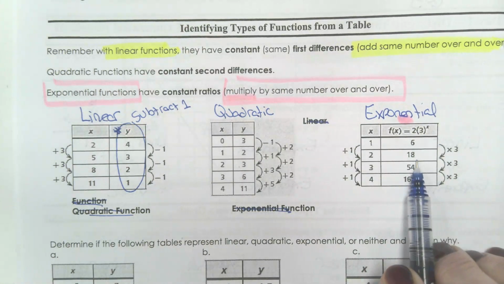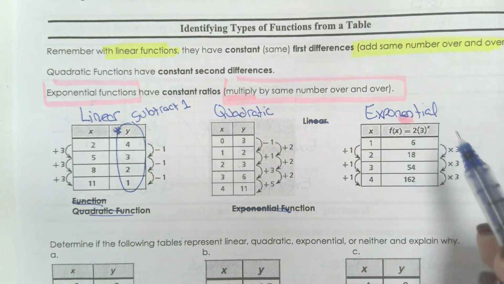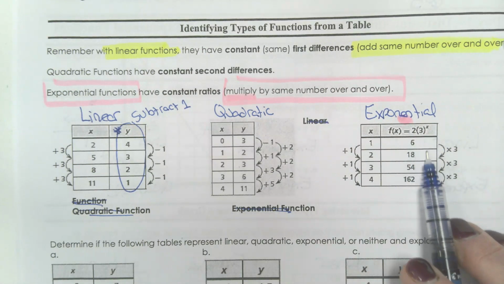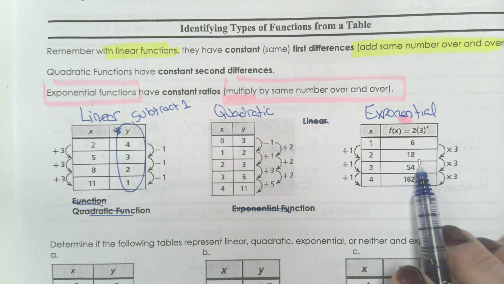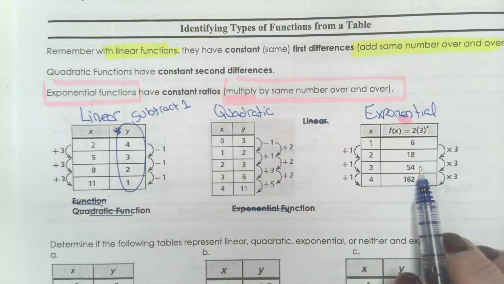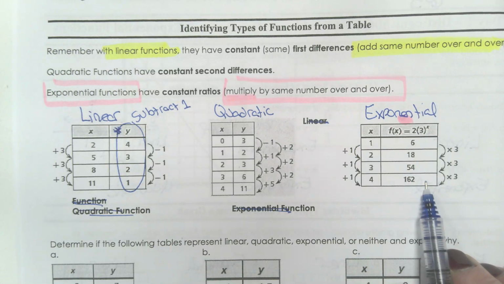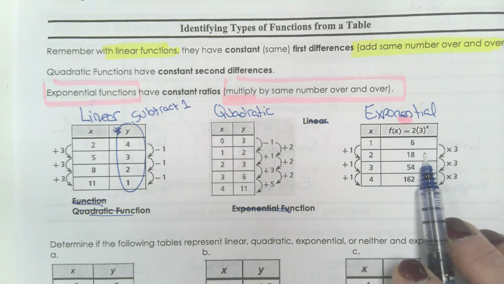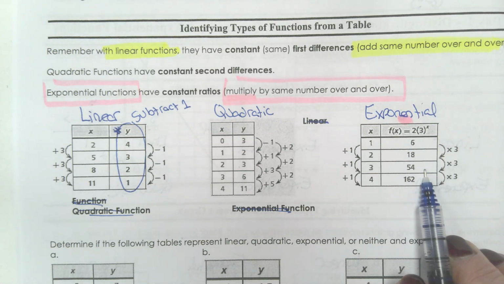So when I look at this exponential function, I'm like, okay, so how do I get from 6 to 18? You could either add 12 or you could multiply by 3. But you have to be doing the same thing in every single part. So you're like, okay, how do you get from 18 to 54? Well, if I add 12, that wouldn't be enough, so maybe it's the times 3.